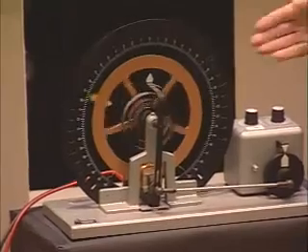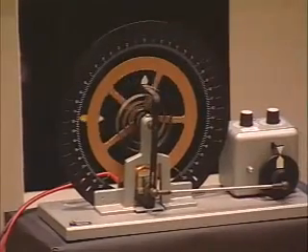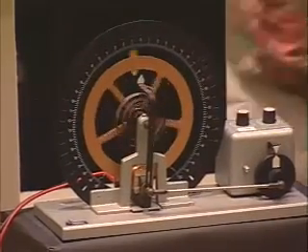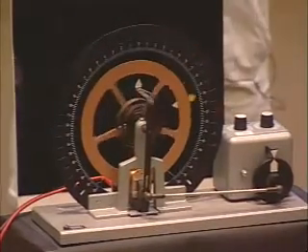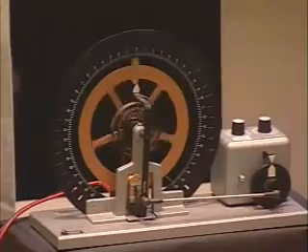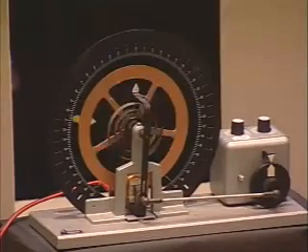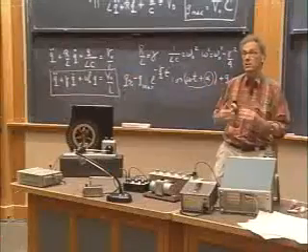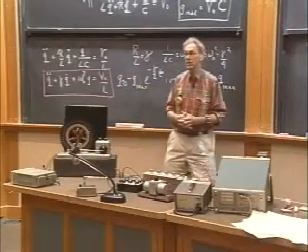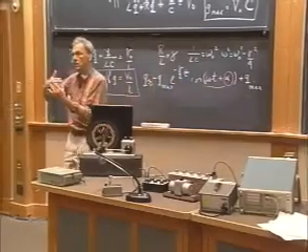But we have here an electromagnet, and we can change the current through the electromagnet. And the copper plate that moves through the electromagnet will now develop eddy currents, because there's a change in the magnetic flux through that metal, and the eddy currents will oppose the motion of the metal.